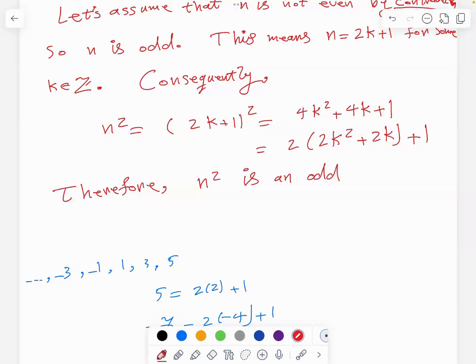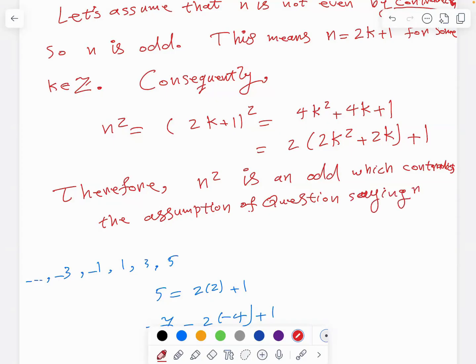N squared is odd, which contradicts the assumption of the proposition saying n squared is an even number.